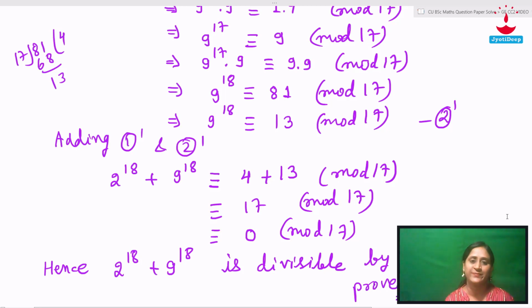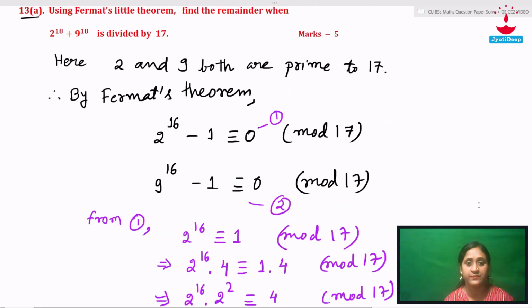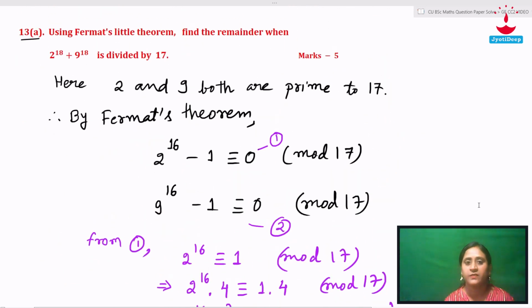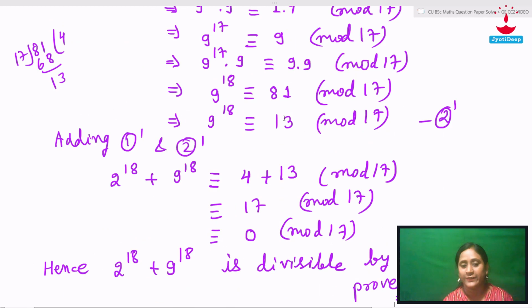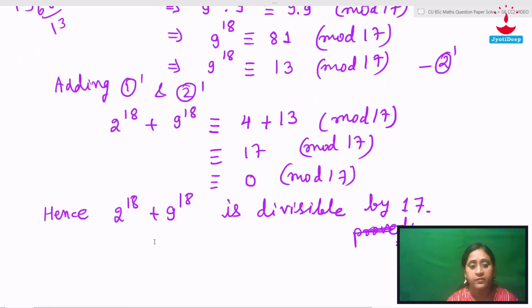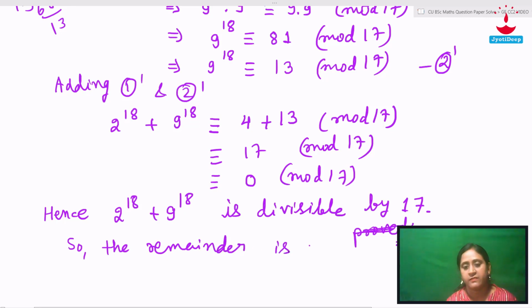Okay, we have to find the remainder when this is divided by 17. Hence, this is divisible by 17. So, the remainder is 0. This is our answer.